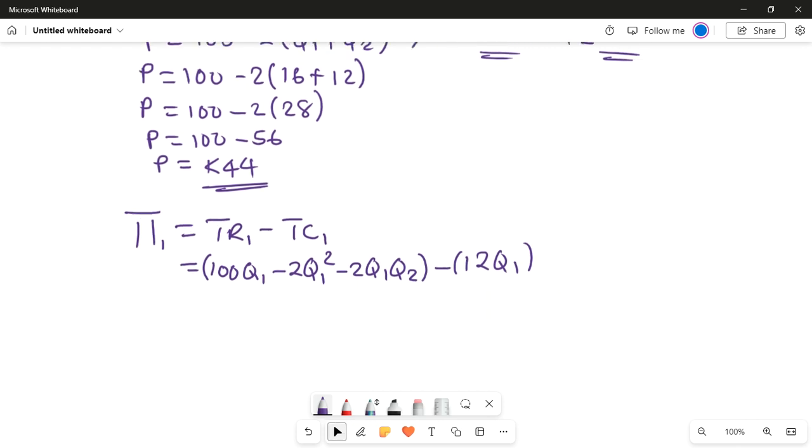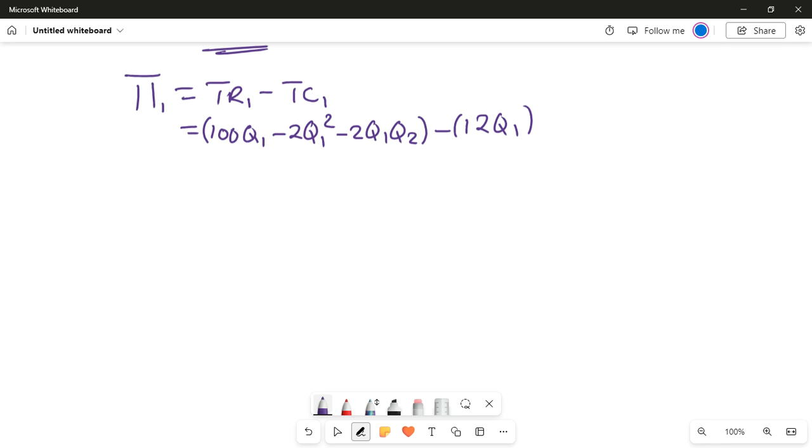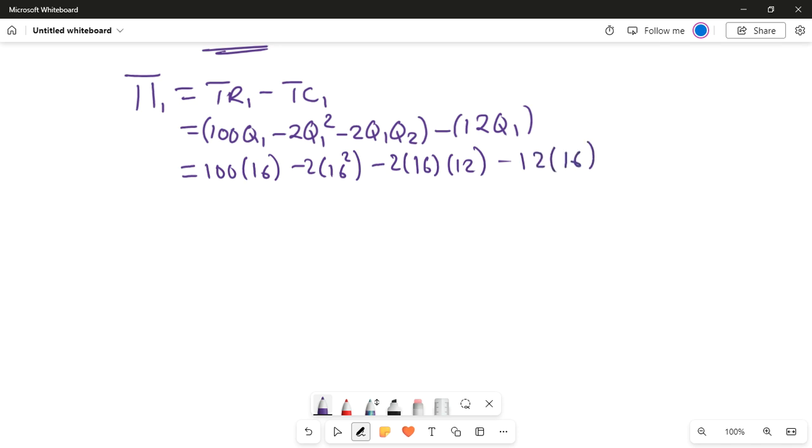So this is going to be 100 times 16, because Q1 is 16, minus 2 open bracket 16 squared, then minus 2 times 16 times 12, then minus 12 times 16. So when you punch this on a calculator, you are going to get a profit of 512. So that is the profit for firm number 1, right?